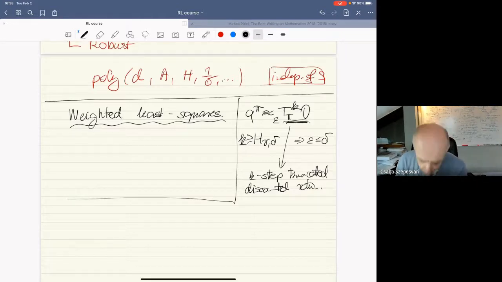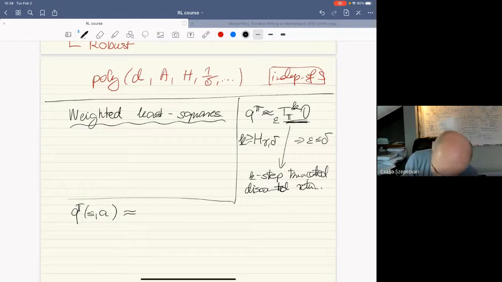So if you want to know what Q pi of SA is, just run some simulations with the policy. Do it m times. M independent simulation runs. They give you these trajectories.